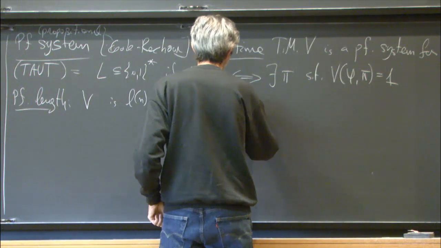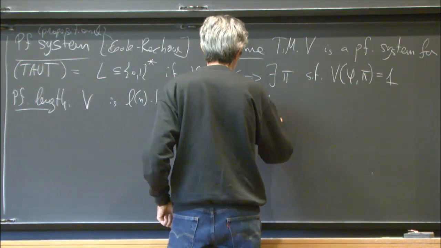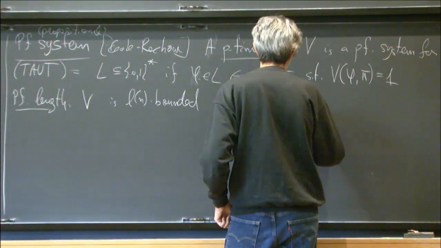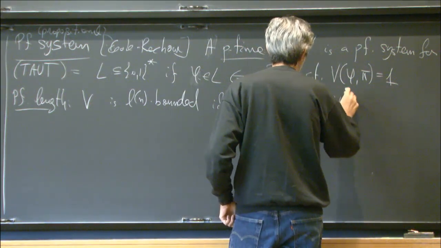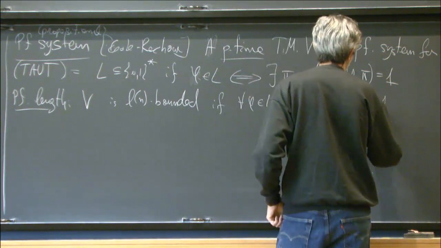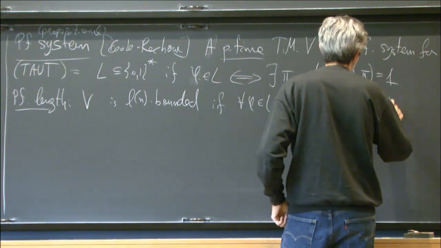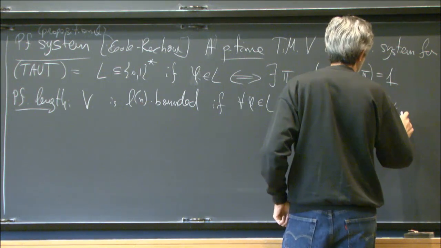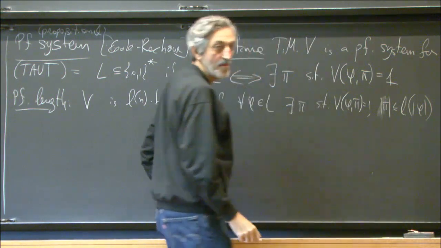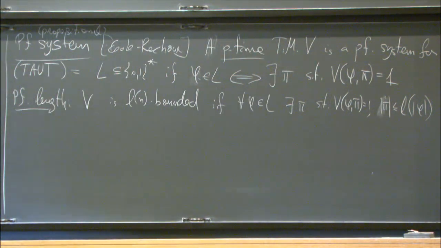If for every phi in L there exists a pi such that V of phi, pi is 1, and the length of pi is at most L of the length of phi.